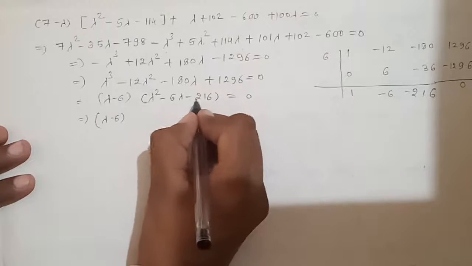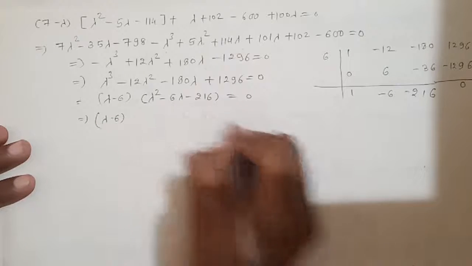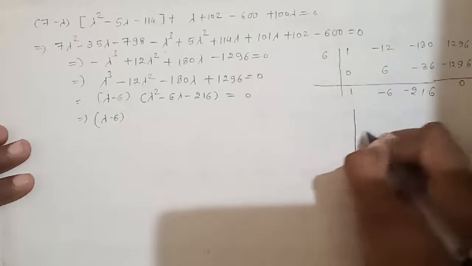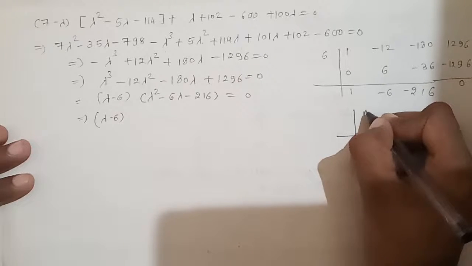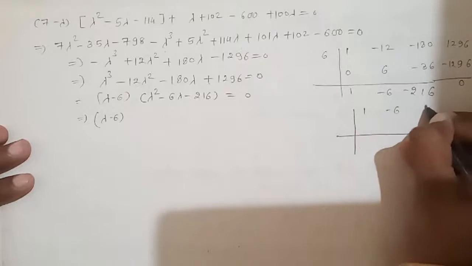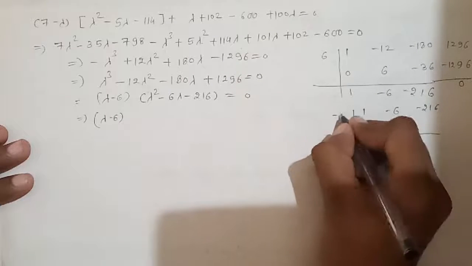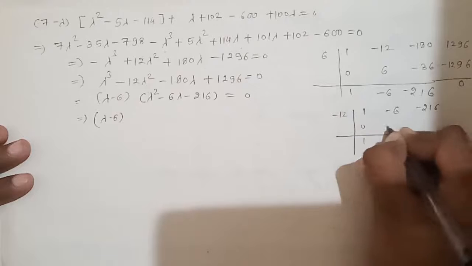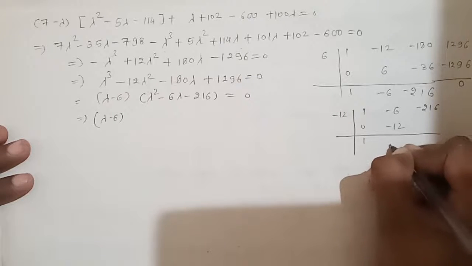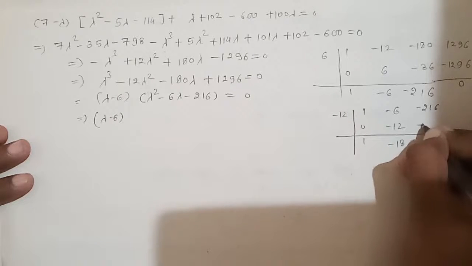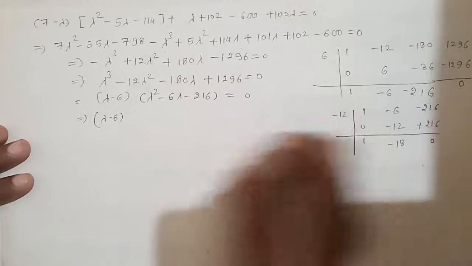On putting lambda is equal to minus 12, we get 0. So 1, minus 6, minus 216, and minus 12 gives 0, 1, minus 18, and it becomes plus 216 is equal to 0.